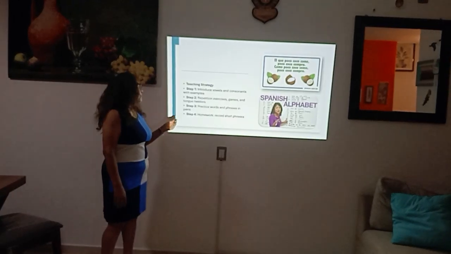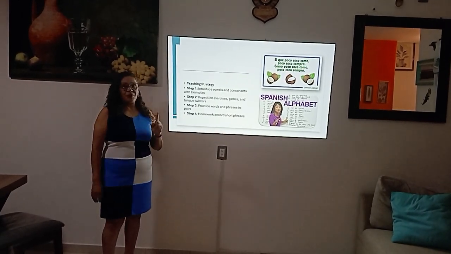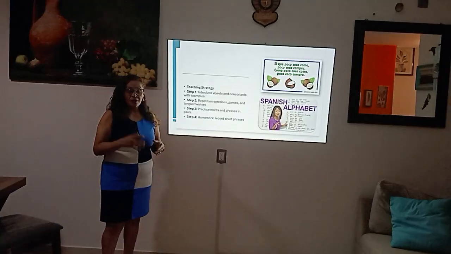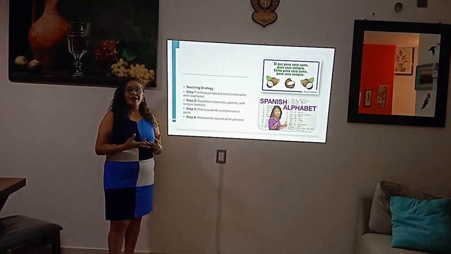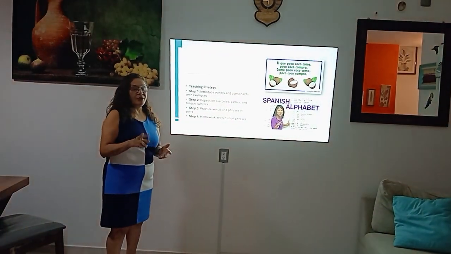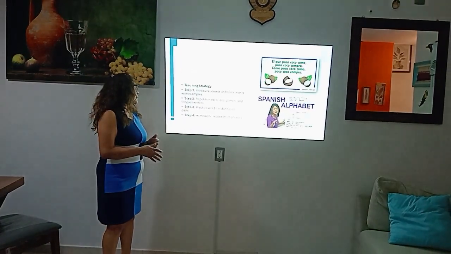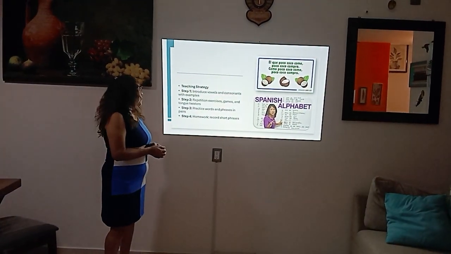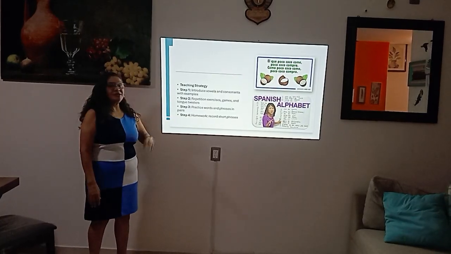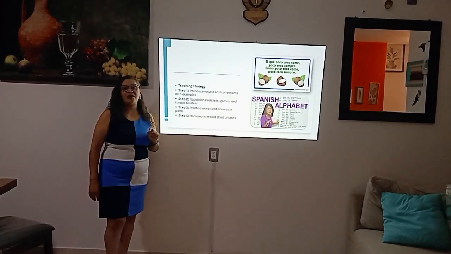And we will practice words and phrases in pairs, because they need to interchange and practice in pairs in the classroom. As homework, they will have to record short phrases like in the previous chart.